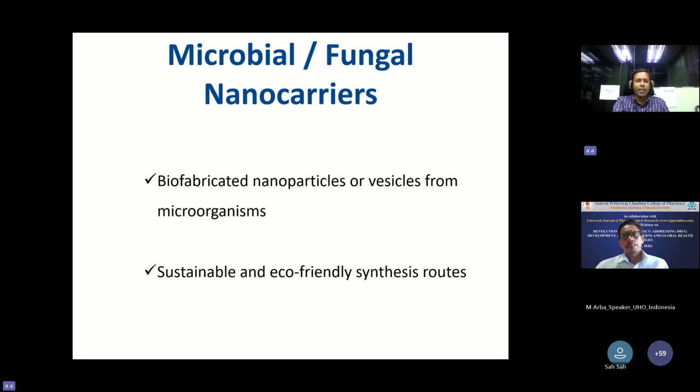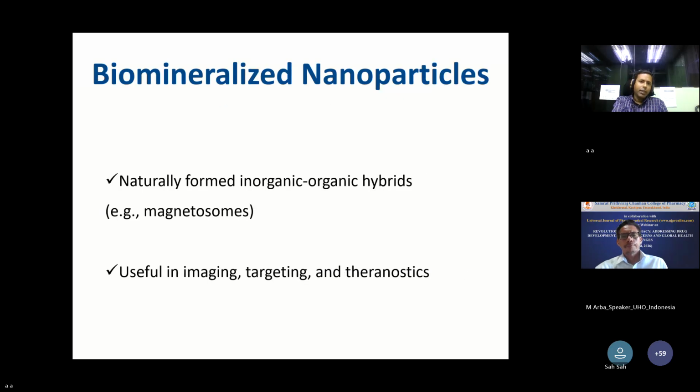Microbial fungal nanocarriers are biofabricated nanoparticles or vesicles from microorganisms, with sustainable and eco-friendly synthesis routes. Biomineralized nanoparticles are also naturally found, in inorganic and organic form.